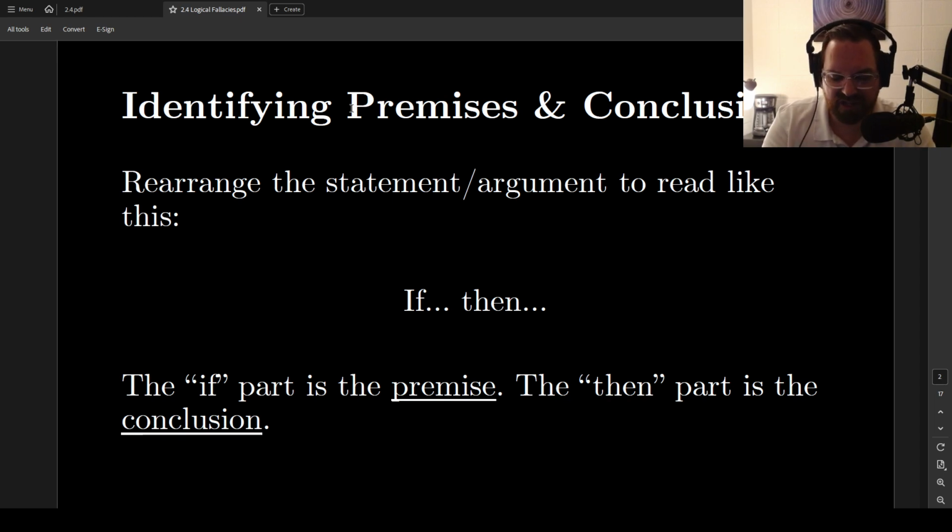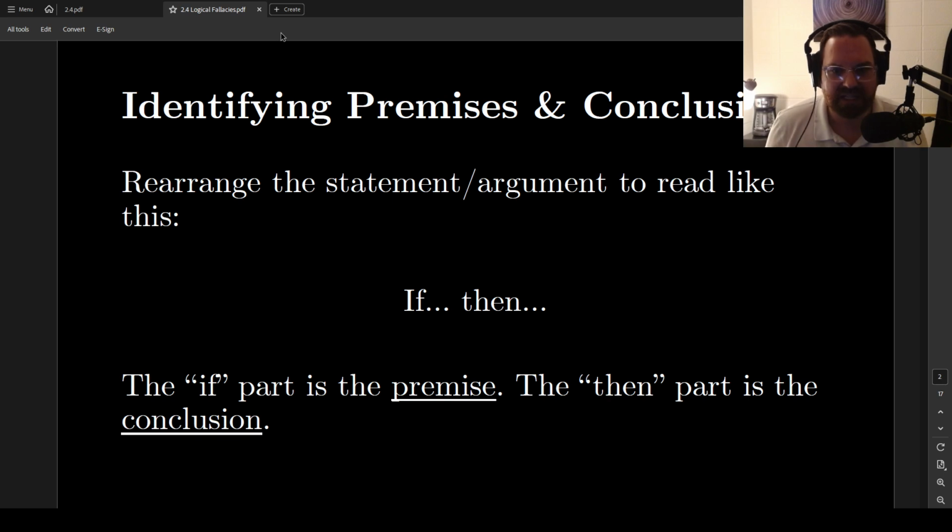Oftentimes what I notice is that the issue in our arguments, especially between my wife and me, comes down to the premises and the conclusions that are brought about as a result of those premises. If we come to an agreement about, okay, you're misunderstanding what happened, I'm misunderstanding what happened, as a result there's just misunderstanding across the board. So if we understand and align ourselves in our premises, then our conclusions are going to make a lot more sense. So I hope that makes sense.